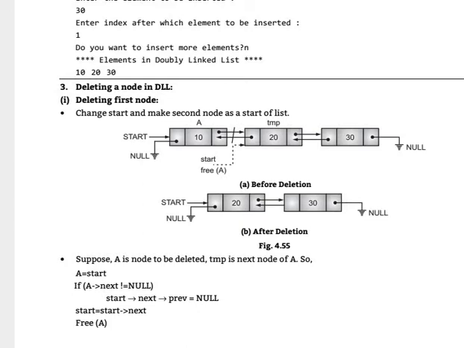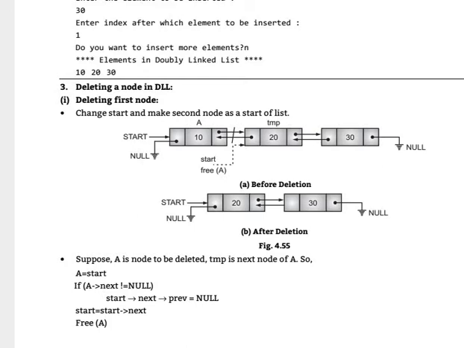Suppose A is the node to be deleted, and temp is the next of A. Means you want to delete node A, then temp is the next node of A. So A is equal to start initialization, and A next node is equal to null. If the condition is true, then start next previous is initialized to null.